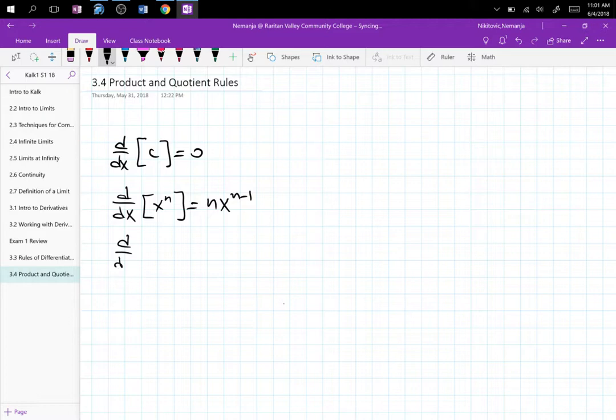We also said that the derivative of e to the ax, where a could be any number, was ae to the ax.